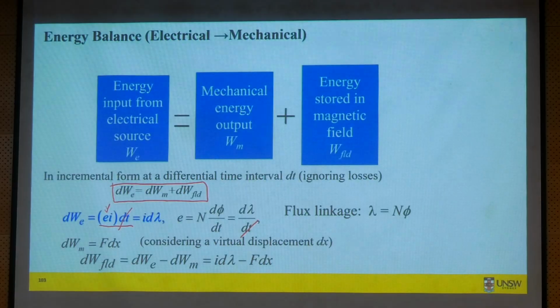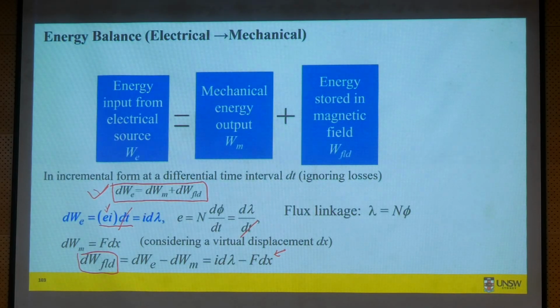And mechanical energy, all of you know, is force times displacement, right? So the stored energy in the magnetic field from this equation can be thought of as current times flux linkage minus force times displacement. This displacement can be virtual as well.